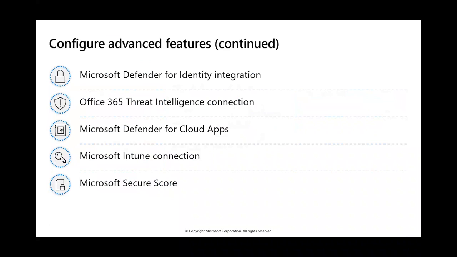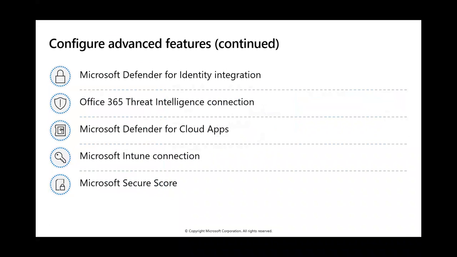Office 365 Threat Intelligence connection is another option. Connect this to enable security investigation across Office 365 mailboxes and Windows devices. There is also integration for Defender for Cloud Apps, which will forward Defender for Endpoint signals to Defender for Cloud Apps, giving the administrators better visibility into both sanctioned cloud applications and shadow IT.